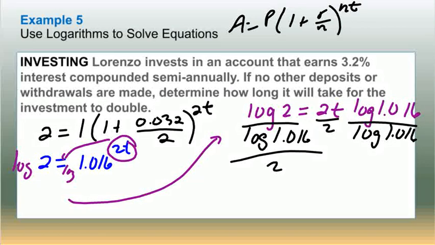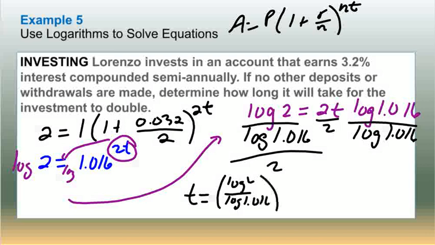So now in my answer, I'm going to have t equaling log of 2 divided by log of 1.016, times 1 over 2, which means I'm dividing that in half.